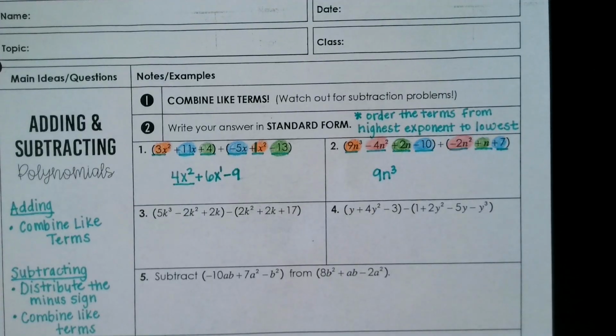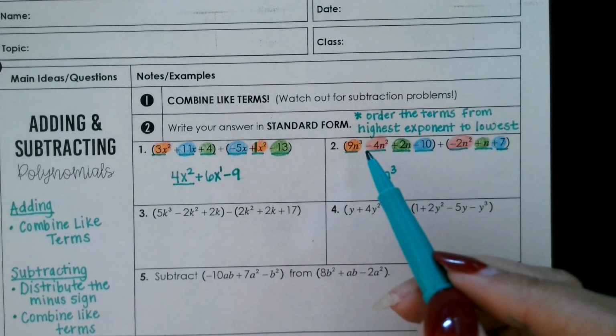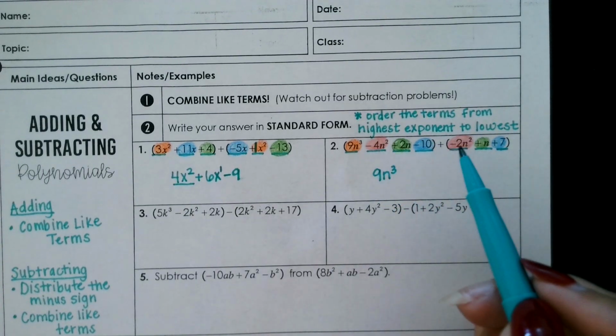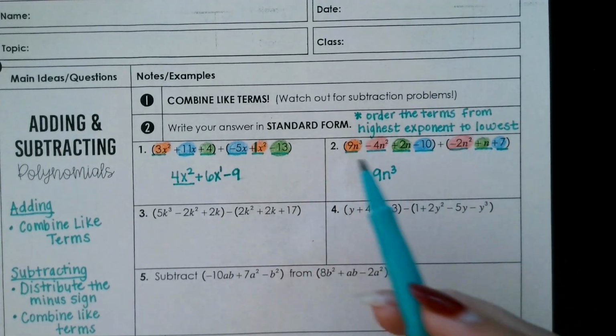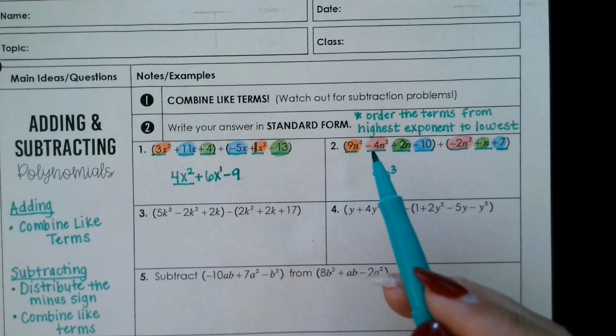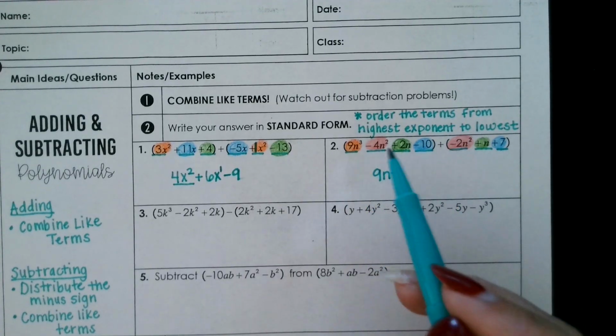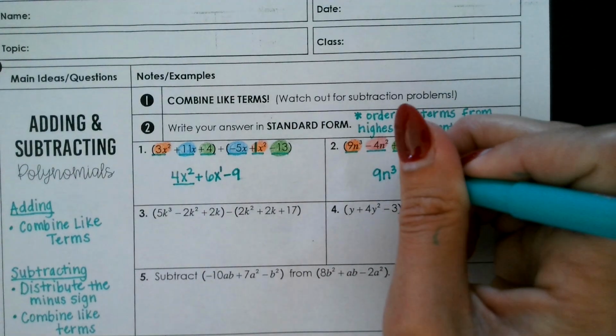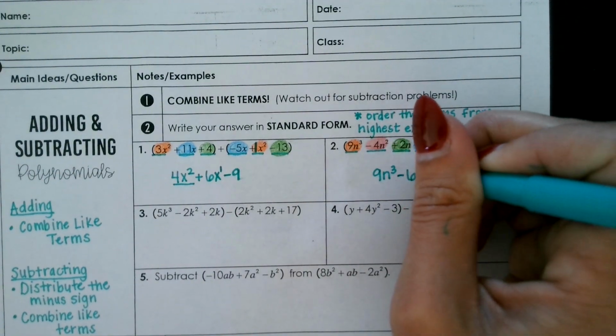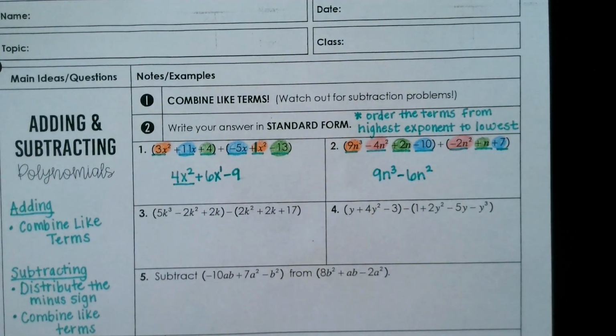So now let's go down and do the n squareds. I have negative 4 of them and also negative 2 of them. How much together? Negative 6, right? It's negative 4 and then gets even more negative. So negative 6n squared.